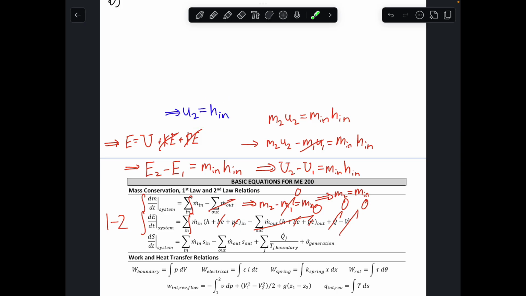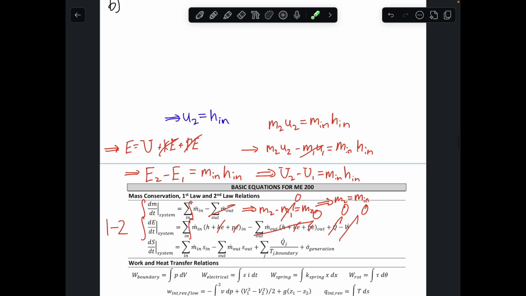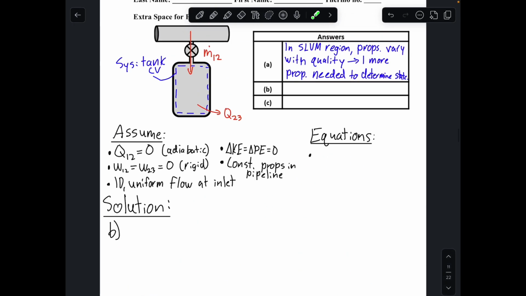I'm just going to write this up in the equation section, but you would want to go through this whole derivation of all the processes yourself. So make sure you don't just write this final result there, but you go through the derivation yourself. In our equation section, this will be our desired outcome of our first law analysis, that u2 is equal to h in, and we get that from first law.